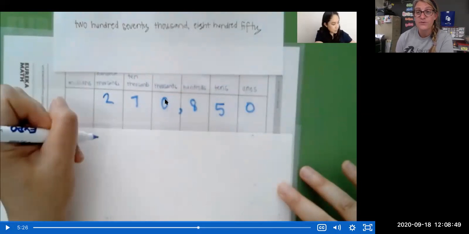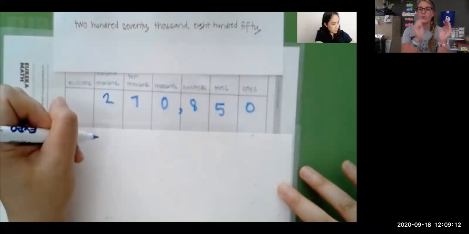So in order for you to remember that there would be a 0 in the thousands place, you really have to think about our place value houses, and think about if we have 270, what does 270 look like? So 270,850. Each place value house has its own way of reading the number, just like a regular number.